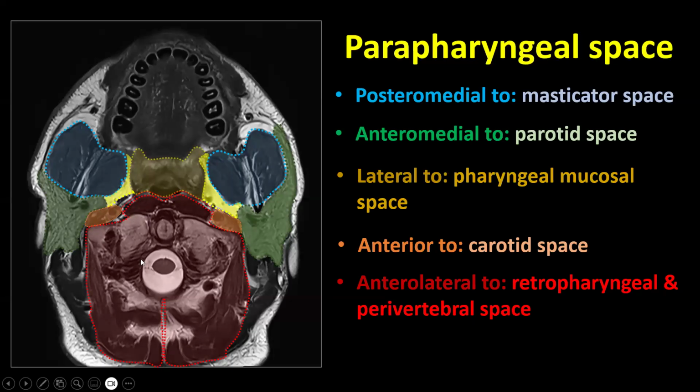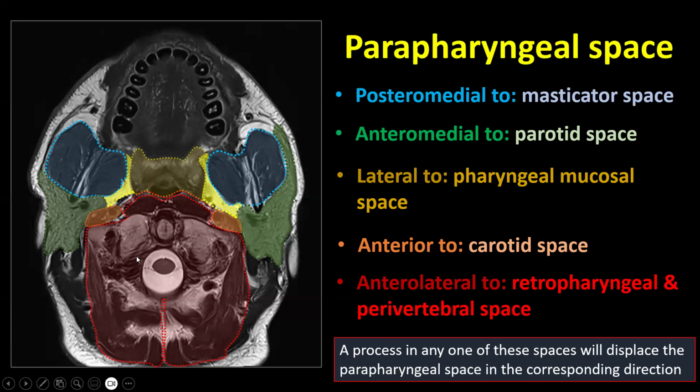And what happens if you have a tumor in one of these spaces? It will displace the parapharyngeal space in the corresponding direction. This means if you have a tumor in the masticator space, the parapharyngeal space will be located posteromedially. It will be displaced anteromedially by a parotid gland tumor.